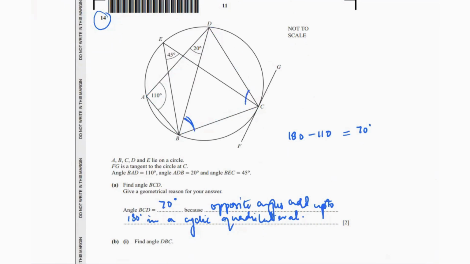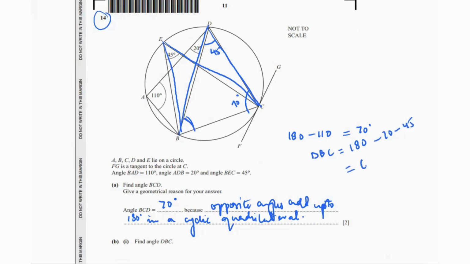So this is 70. This is from the same chord, which is BC, so this will also be 45. So DBC is going to be 180 minus 70 minus 45. That gives us 65 degrees.